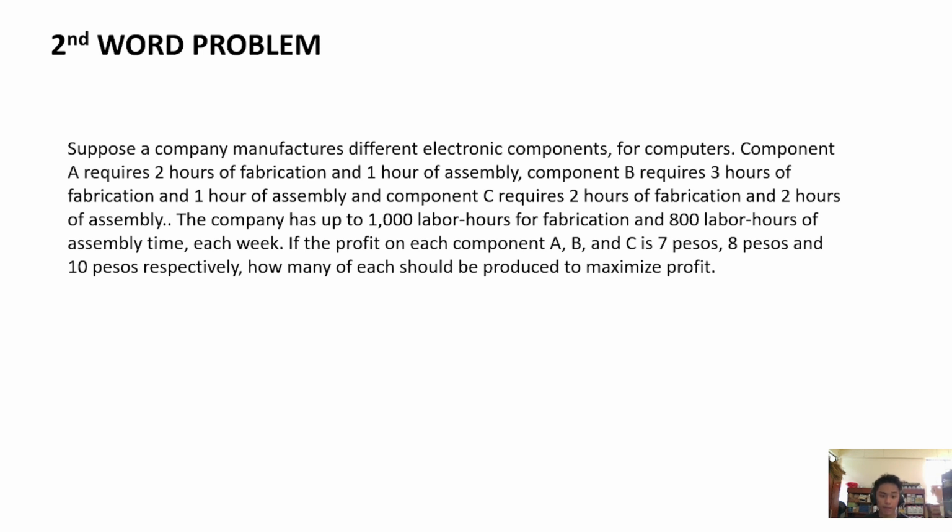The company has up to 1,000 labor hours for fabrication and 800 labor hours for assembly time each week. If the profit on components A, B, and C is 7 pesos, 8 pesos, and 10 pesos respectively, how many of each should be produced to maximize profit?